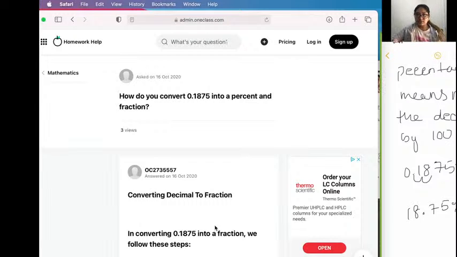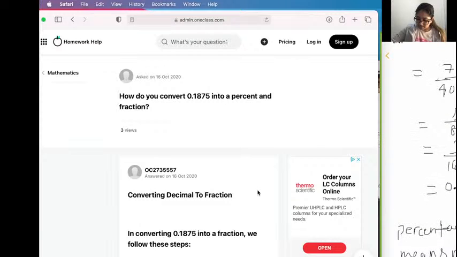So this is the answer, how to convert this into a percentage and a fraction.